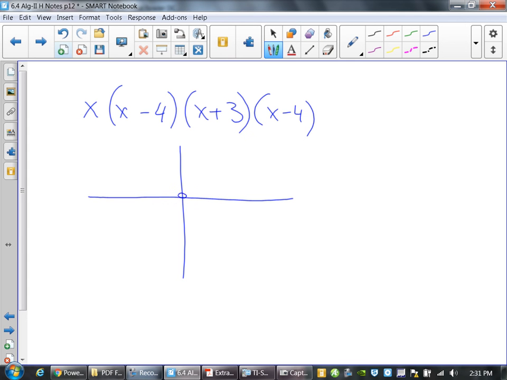You're crossing at 0, -3, 4. So it's going down, changes direction, it just touches it once. It does not pass through it, it changes direction. Because multiplicity is 1, it just goes through it once.